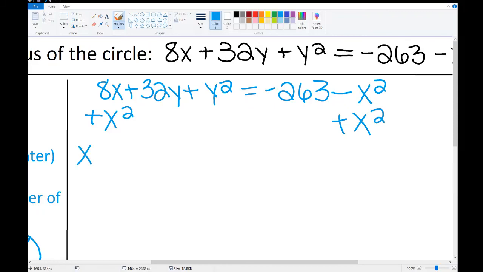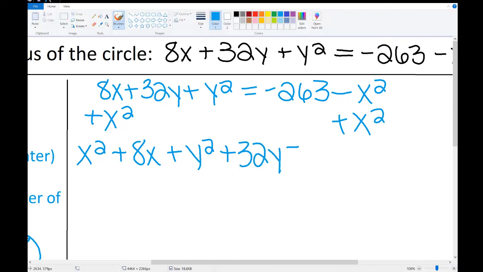Then we have x squared plus 8x, and I'm going to move the y squared over, but it's the same thing: y squared plus 32y equals negative 263.